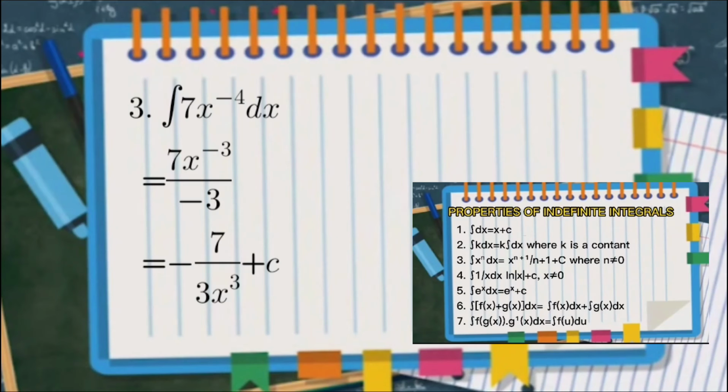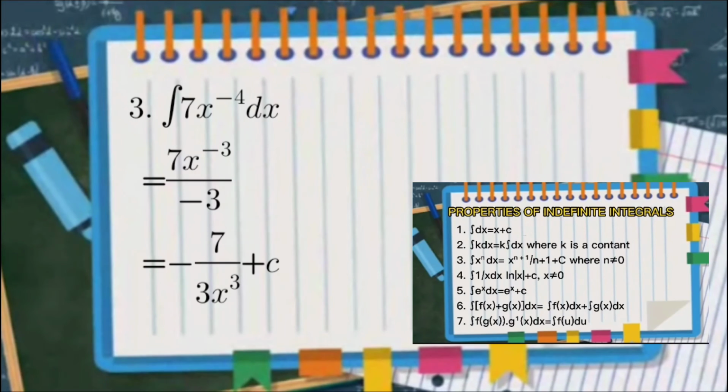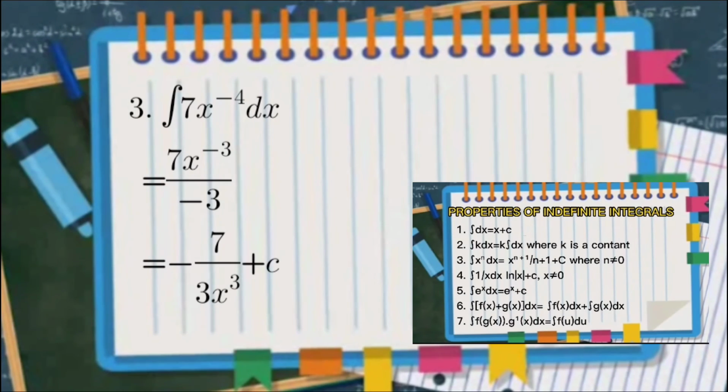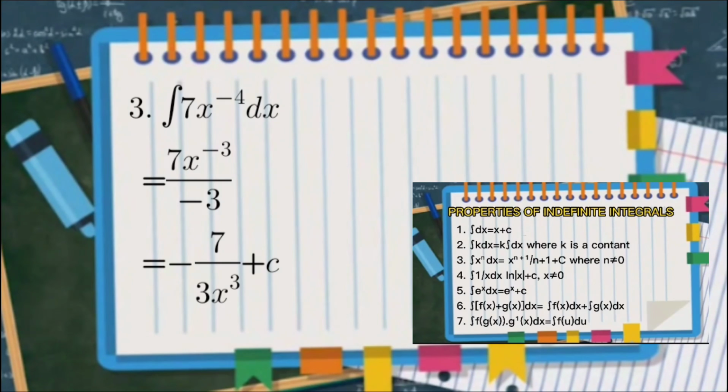The same process as in example number 2, we bring the power into its denominator. So the denominator is negative 3. We have 7x to the power of negative 3 over negative 3. The last or final answer is negative 7 over 3x to the power of 3 plus the constant c.